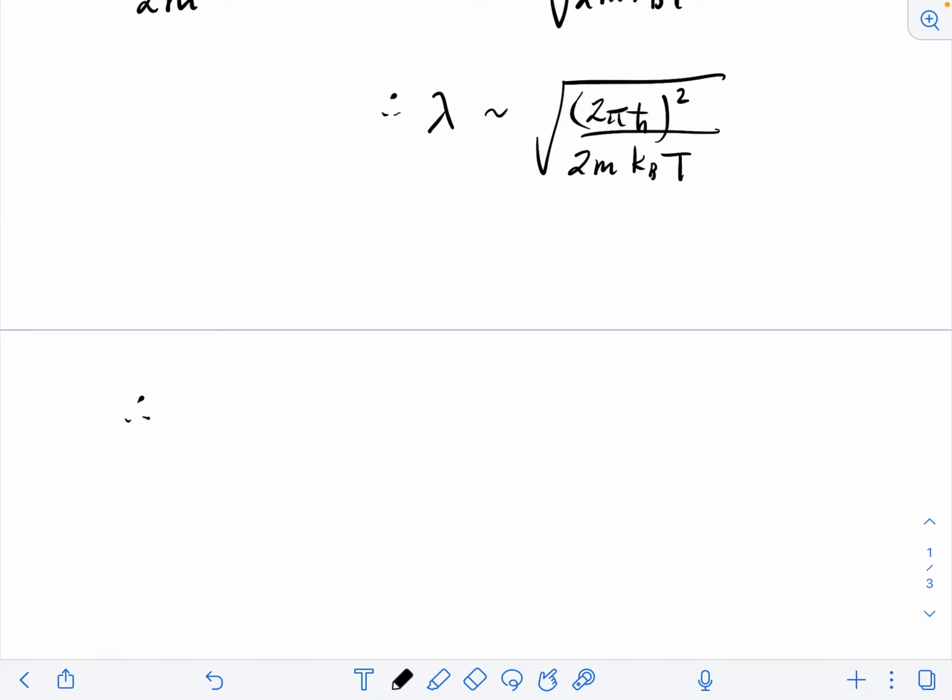And so if we were talking about 3D, then the volume occupied by each particle is going to be the cube of this de Broglie wavelength.